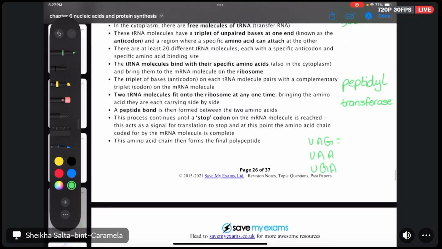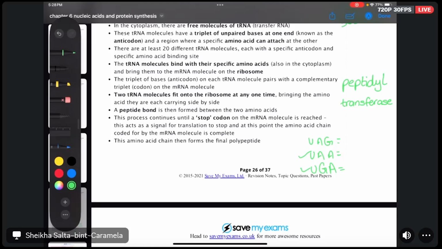There is a mnemonic you can learn as well. I'll send it later on. It's like UAG is you are gone, UAA is you are annoying, and UGA is you go away. It's a good mnemonic to learn because these codons are required to be learned in the syllabus as well.